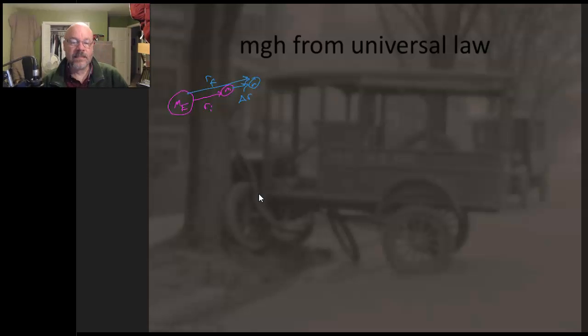So there's some distance between those, a delta R. Now, what I'd like to figure out is the work done against gravity in that case. We set it up just like we've done before. We need a parallel interaction of our force, and that'll be a little dr, going from some initial to some final.